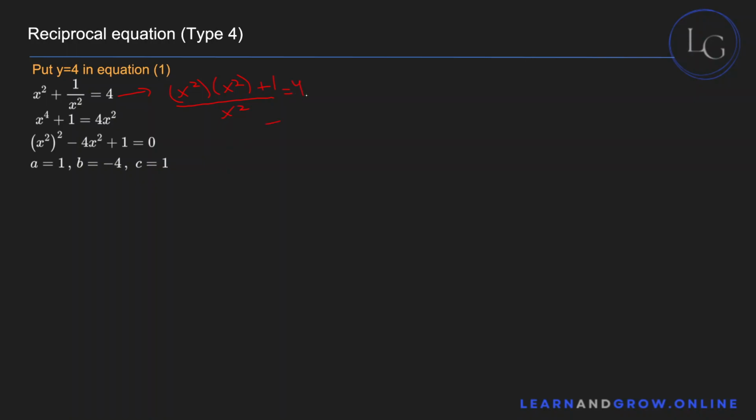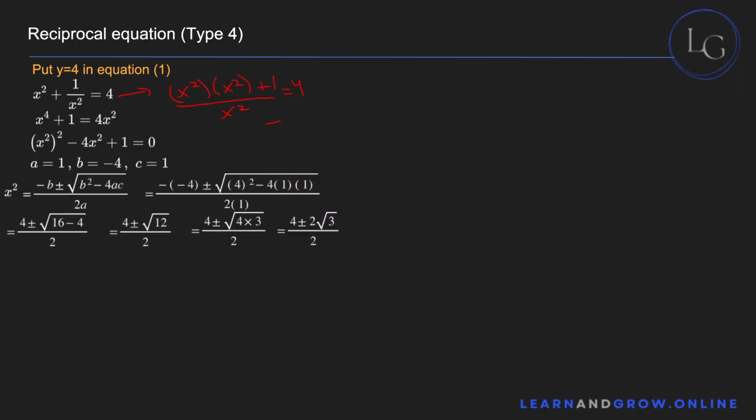And obviously x square will be multiplied by 4 on the other side to get 4x square. And now by using the quadratic formula, you'll just plug in the values of a, b, and c to get this. You'll get two values for x, where one is positive and one is negative.